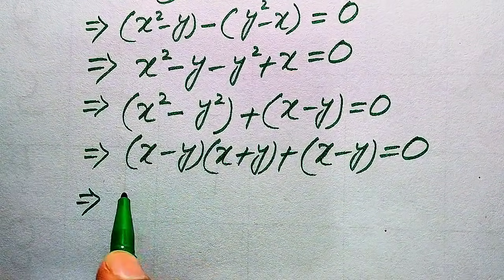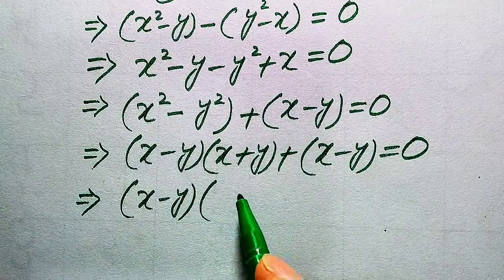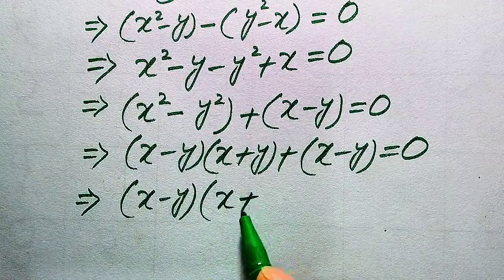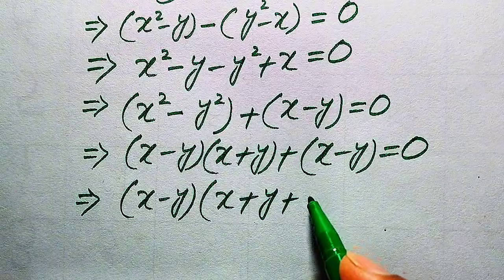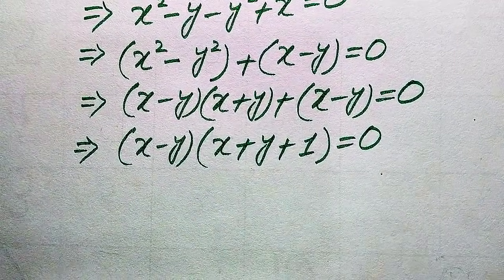Now you see both of these two terms involve x minus y, so we take common x minus y, and we get the remaining values: from here we get x plus y, and here we get plus 1, and this whole equation is equals to 0.